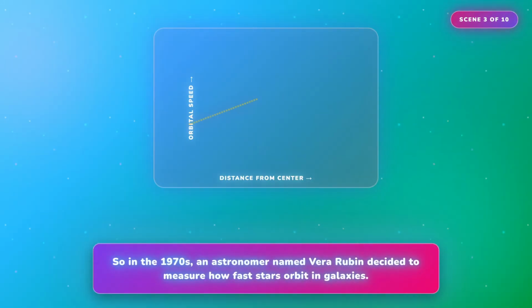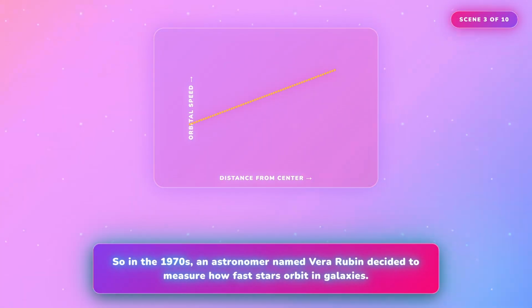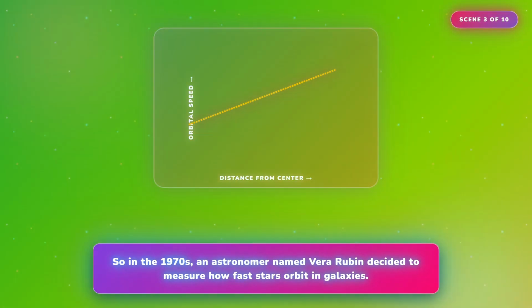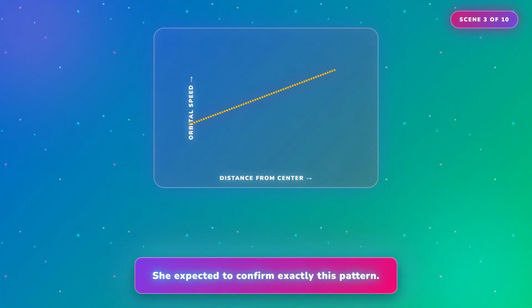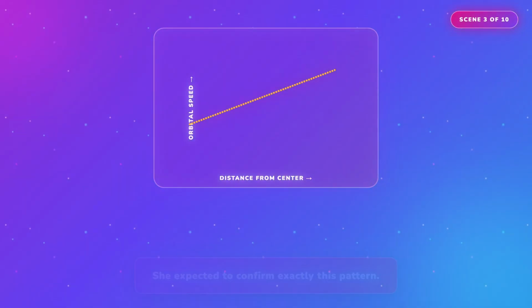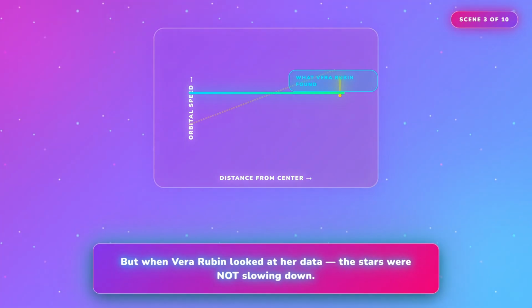So in the 1970s, an astronomer named Vera Rubin decided to measure how fast stars orbit in galaxies. She expected to confirm exactly this pattern. But when Vera Rubin looked at her data, the stars were not slowing down.